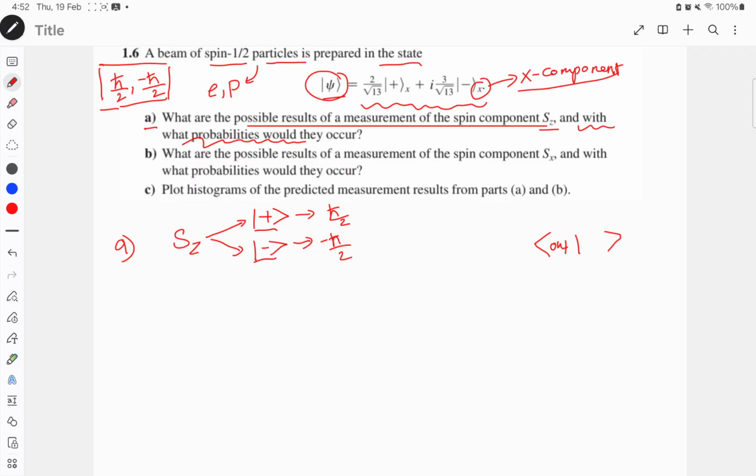We will do it step by step. Then squaring the inner product will give us the probability.